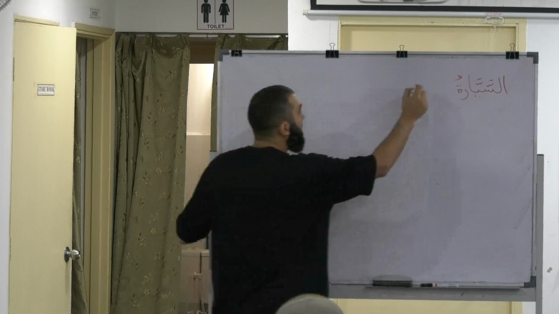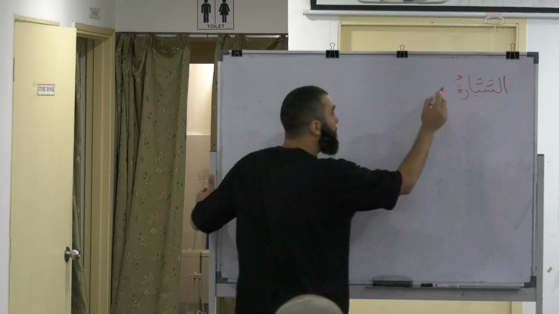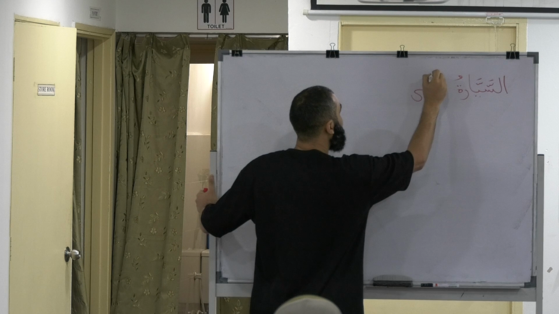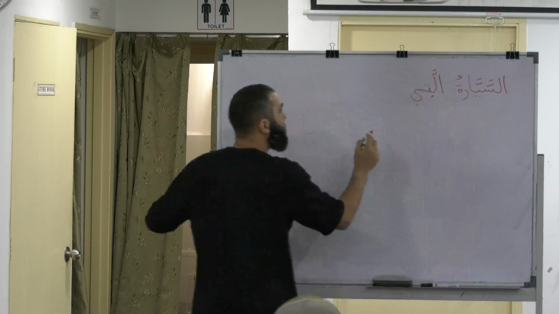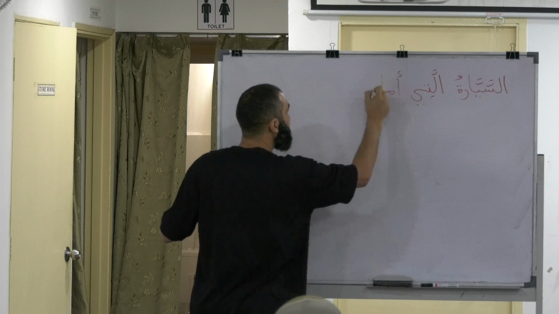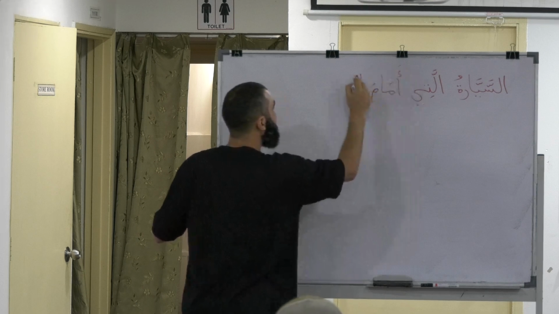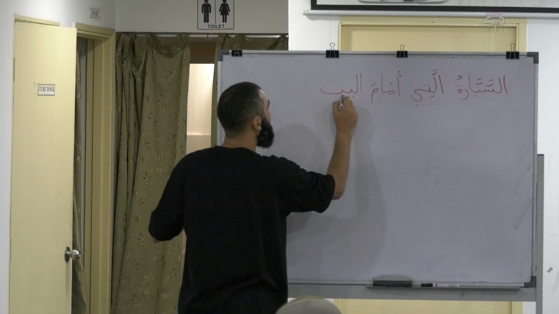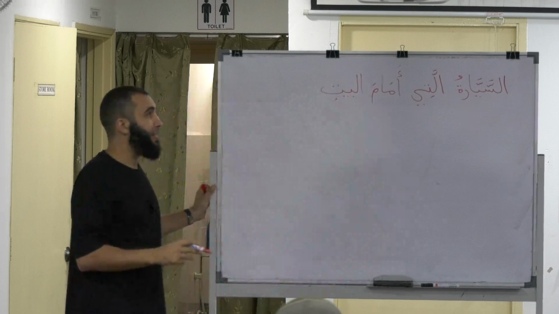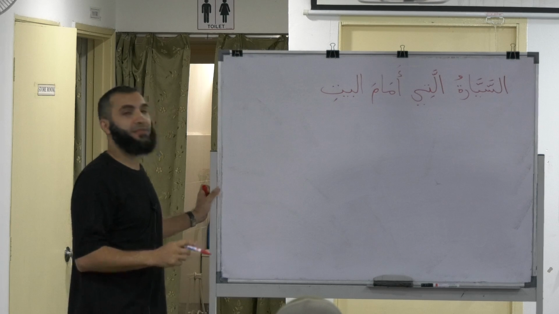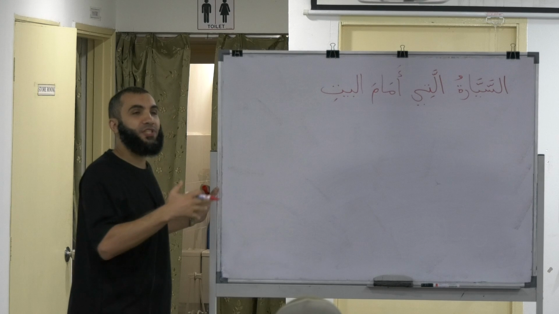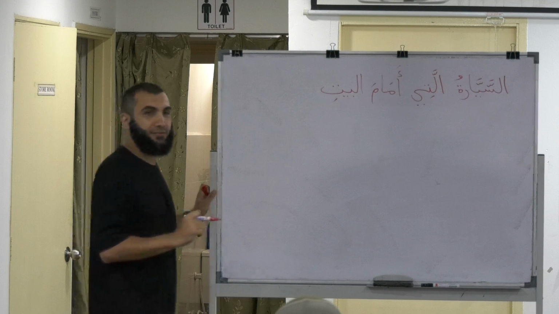We came across it, okay. التي is like الذي, but it's for feminine words. Okay. السيارة التي أمام البيت. We want to say السيارة التي أمام البيت belongs to the new teacher. How do we say that?